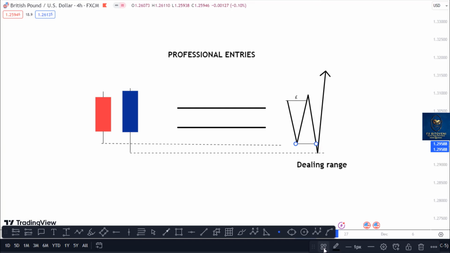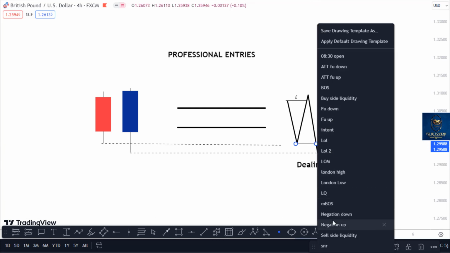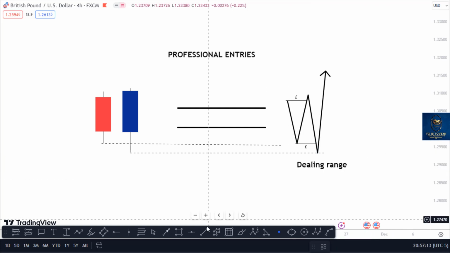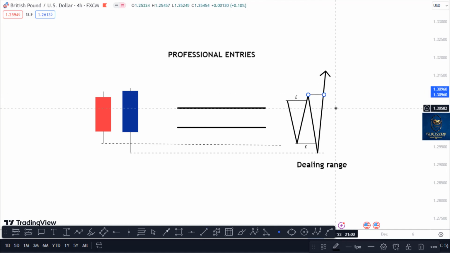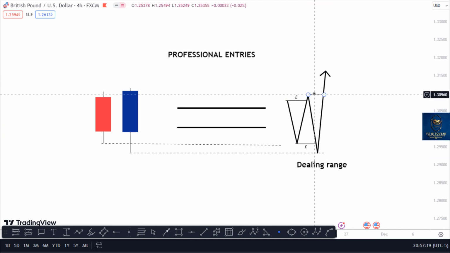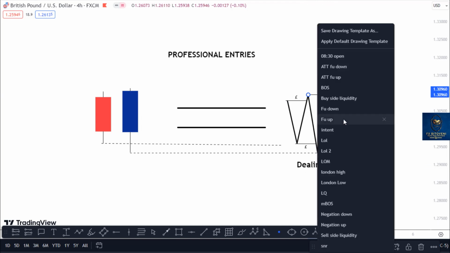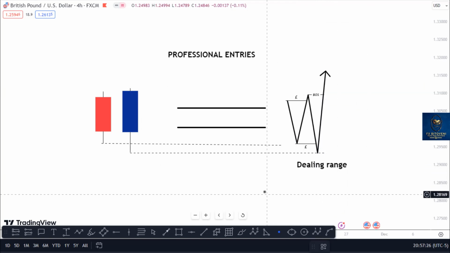After that, we get a true BOS to the upside. So this time you have what? We have a dealing range.